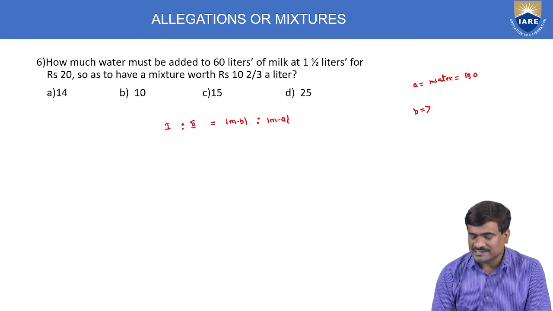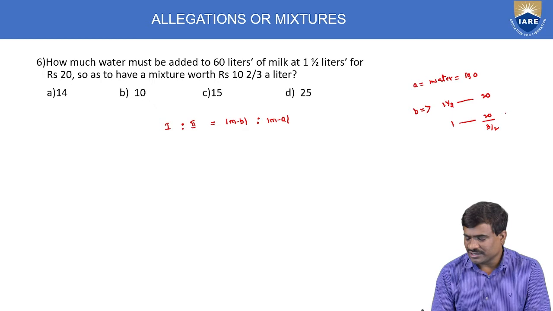The milk price is 1 1/2 liters for rupees 20, so 1 liter is equal to 20 divided by 3/2, which is equal to 40/3. The milk price is converted into 1 liter.